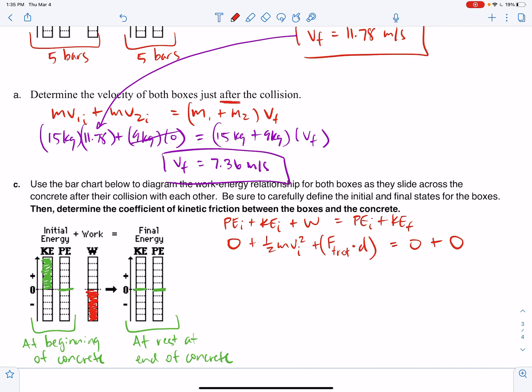All right. So I can say that, and we're missing this coefficient of kinetic friction statement, right? So that's actually going to come in right here. So let me draw one more expression to see how this involves the coefficient of kinetic friction.